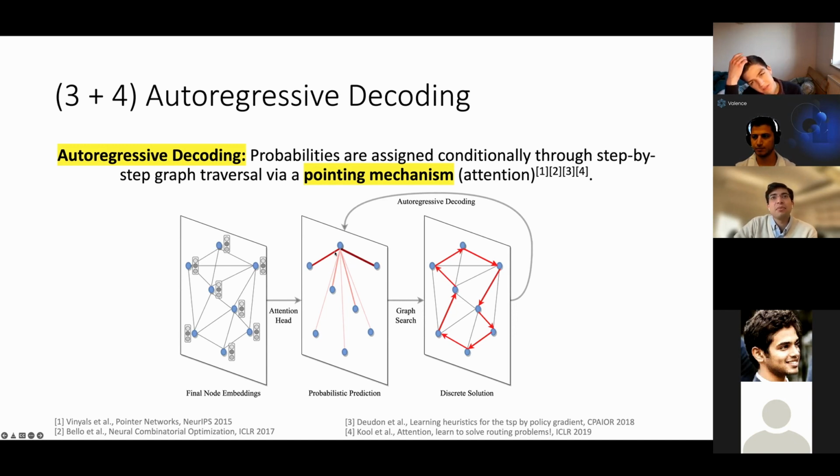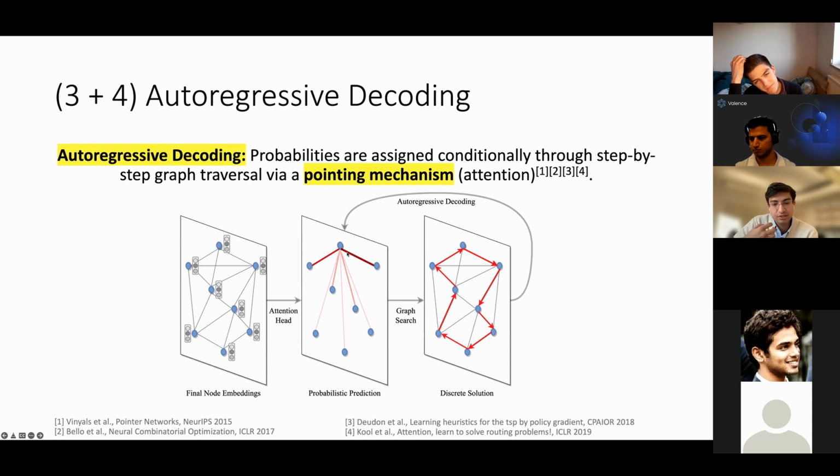Specifically how they come up with these probabilities at each step: for example, if I'm at this node and I need to figure out which node I should go to next, you can compute an attention mechanism among your current node and all the other nodes. The attention is just trying to compute how important is one neighbor or the other.